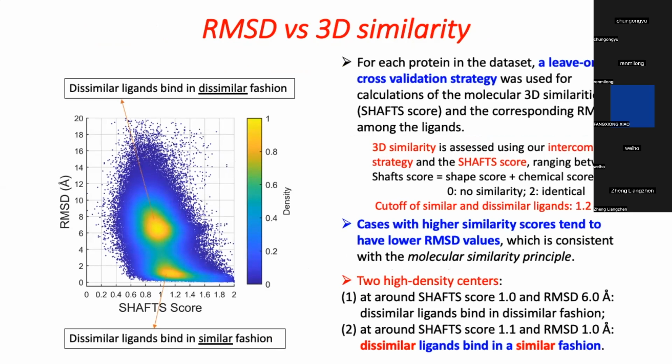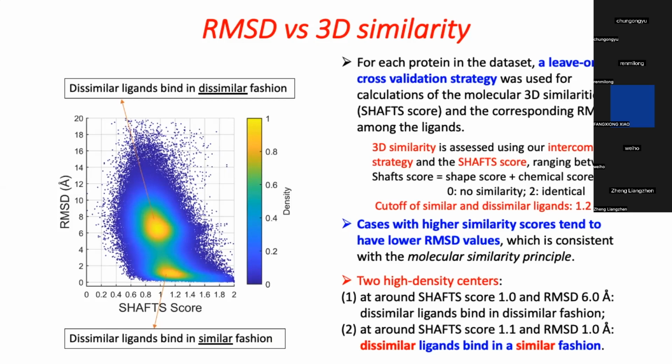The SHAFTS score consists of two components. One is the shape score, which compares shape similarity, plus the chemical score, which compares similarity in chemistry. Zero means no similarity, and 1 for each component means identical. So the maximum score for SHAFTS is 2, which means the two molecules are identical, and 0 means no similarity at all. We use a cutoff of, say, 1.2.